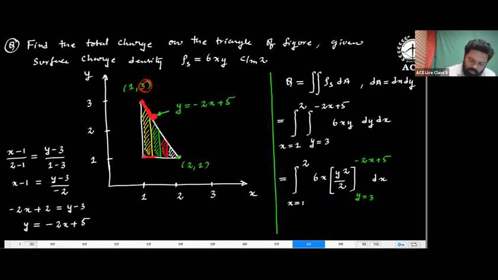X limits start from 1 to somewhere here. I'll take it for the strip. Is it clear now? So if I place strip after strip, I can cover the triangle. Hope you have got this.